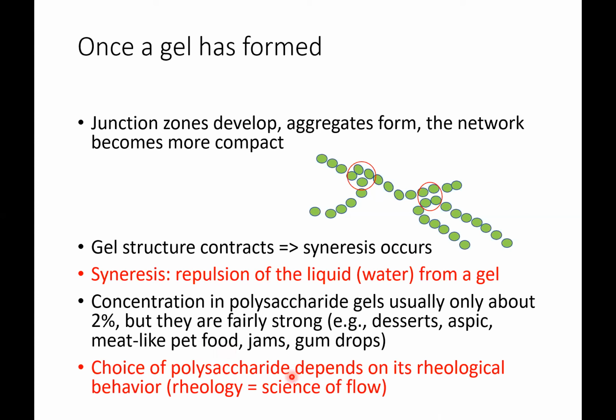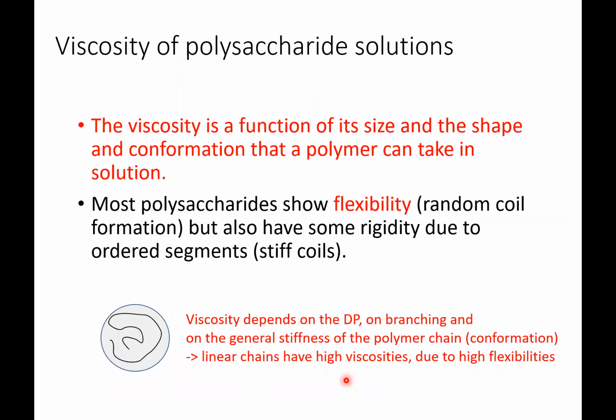So the choice of the polysaccharide, which one you pick for your gel, depends on its rheological behavior. Rheology is the science of flow and deformation. So the viscosity is a function of the size and the shape and the conformation of the polymer.